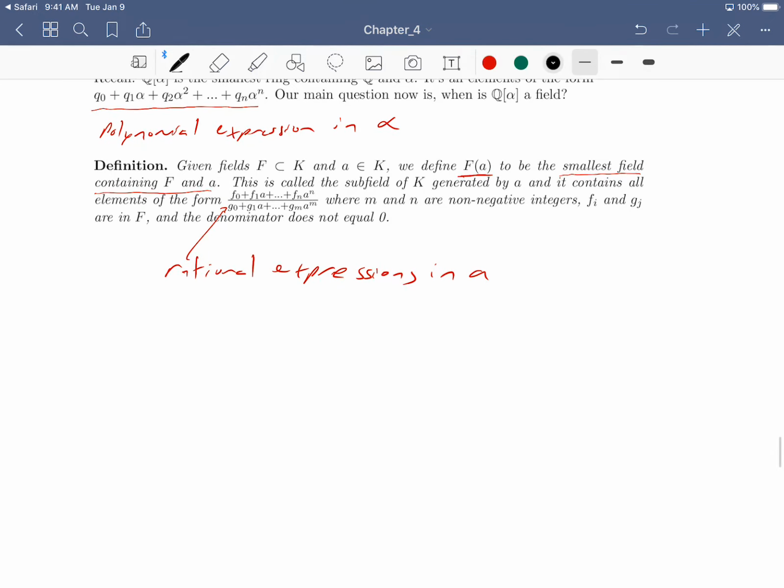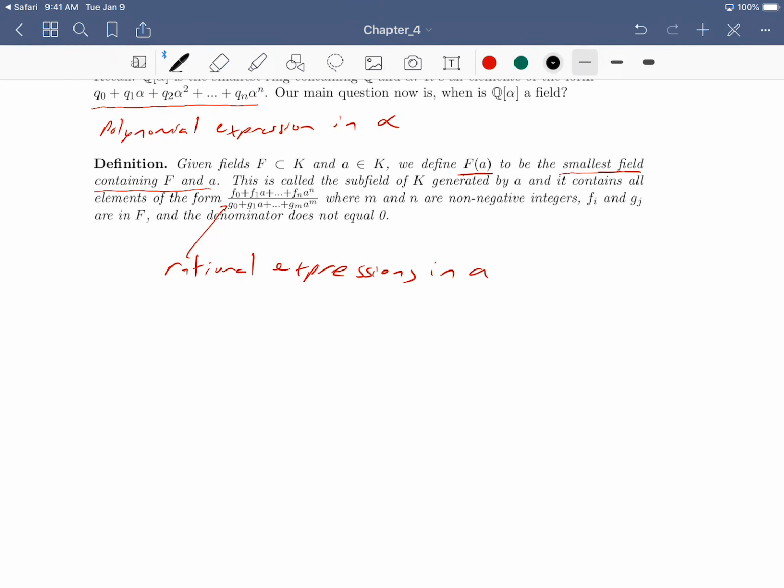Okay, so our question now, when is Q adjoin A a field, we can phrase in a couple of different ways. One way we can say it is when does Q adjoin alpha with square brackets equal Q adjoin alpha with round brackets? I don't think there's a language to differentiate there unless you spell out the subring that contains alpha versus the subfield that contains alpha.